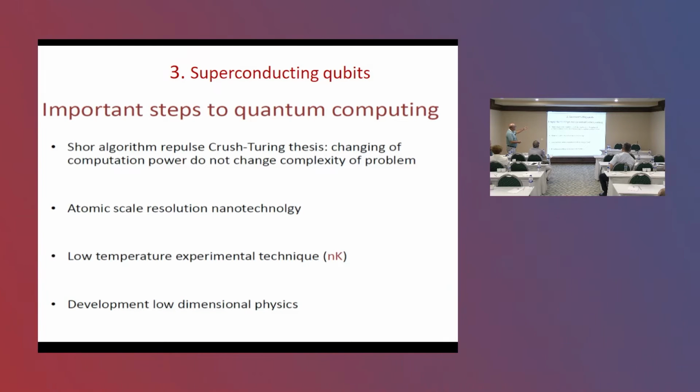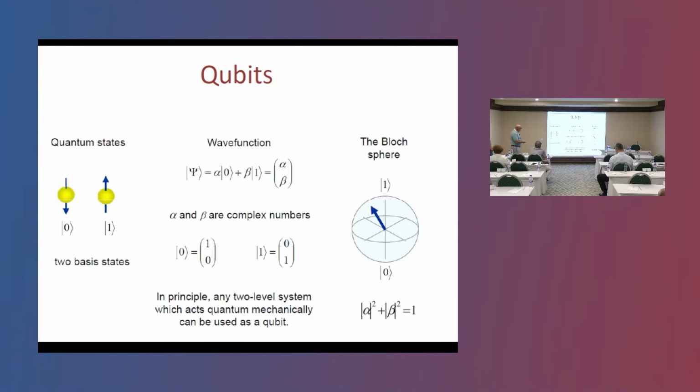As shown by Shor, using quantum Fourier methods shows that exponential problems can be converted to normal polynomial problems, and the development of technology leads to the realization of qubits and quantum calculations.